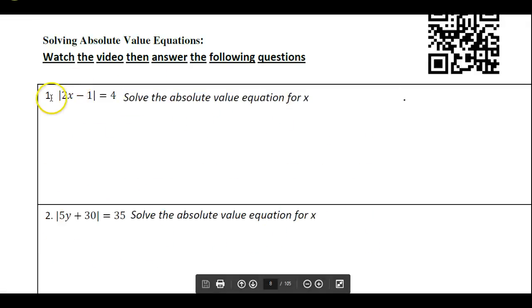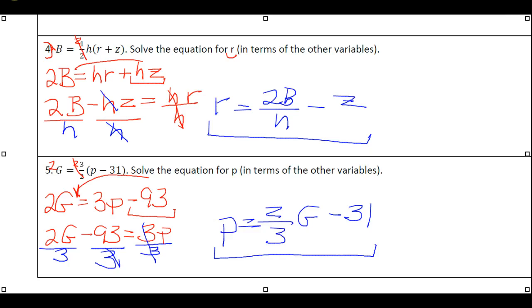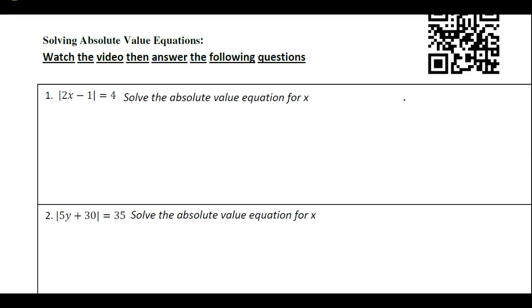Now, for example 1, on this page, we're looking at our equations, but they're absolute value equations. And you might say, well, what is the strategy for doing that? The strategy is this. Rewrite the equation without the absolute signs.